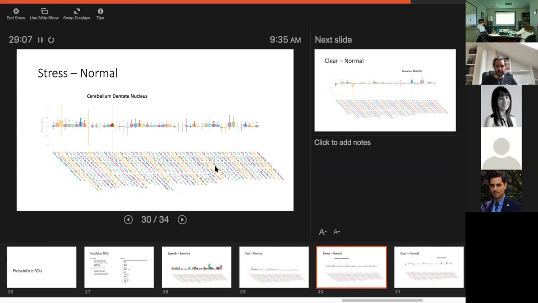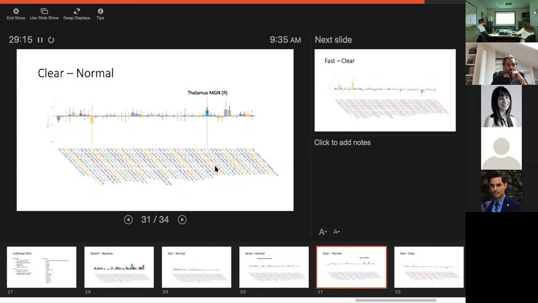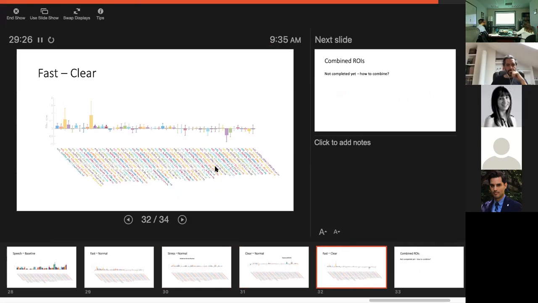And then there's a few. Pure minus normal, the medial geniculate came up again. And then plasma is there.